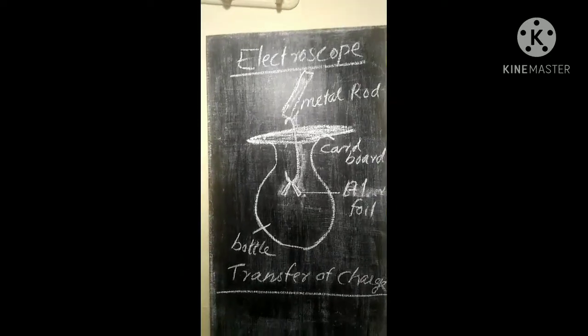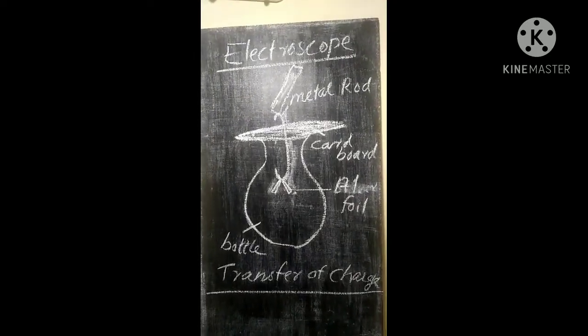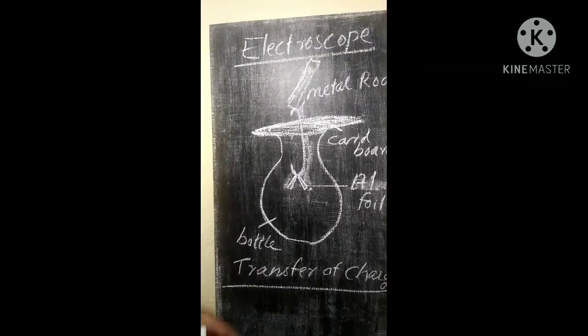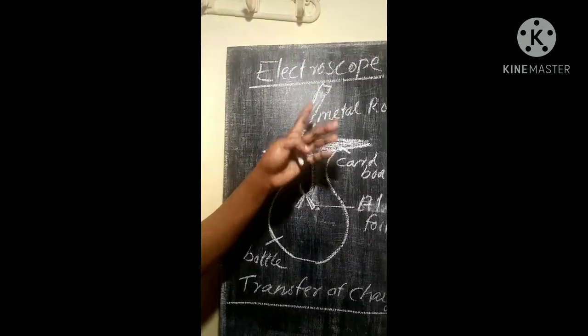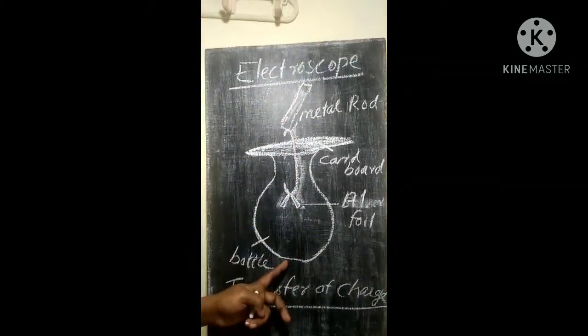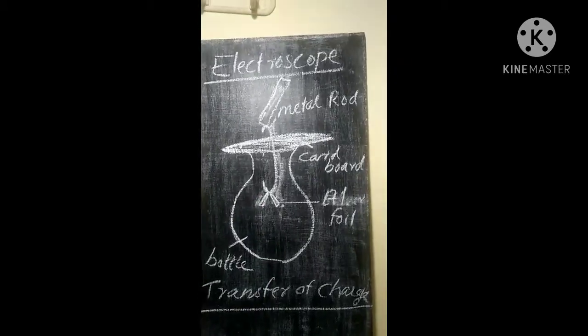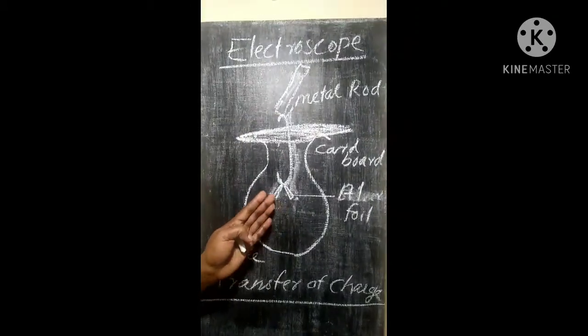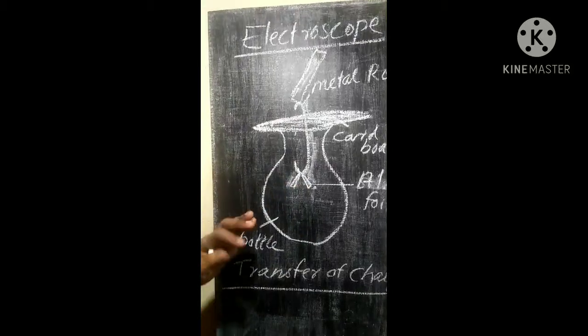Okay, and next we think about this transferring of charge. This is the transferring of charge from the scale to the metal rod of the electroscope, or from here to the aluminum foil.